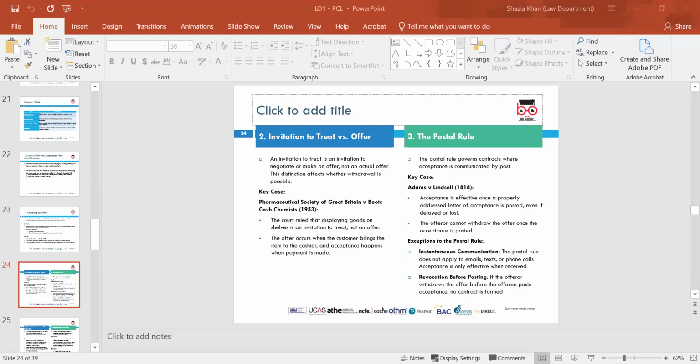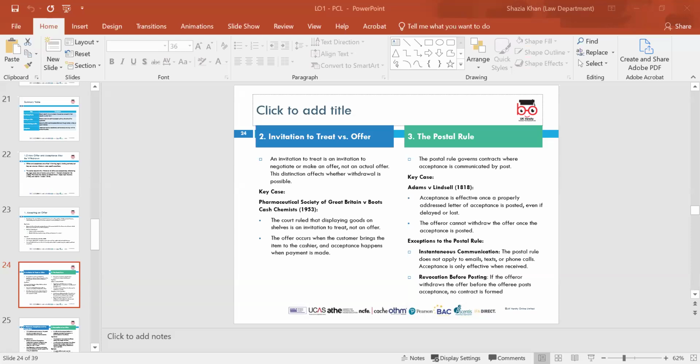It does not constitute an offer in itself, but rather invites others to make offers. Common examples include things like advertisements, auction listings, or items displayed for sale in a shop. This means that when you see an advertisement for a product, the seller is not committing to sell the product at the advertised price until an offer is made. The seller can then accept or reject the offer.